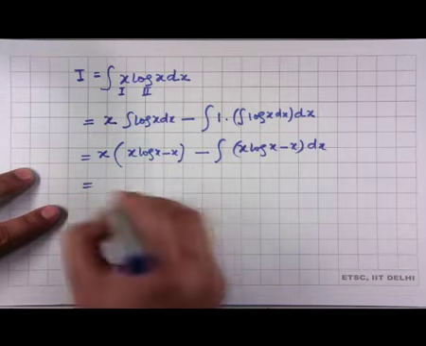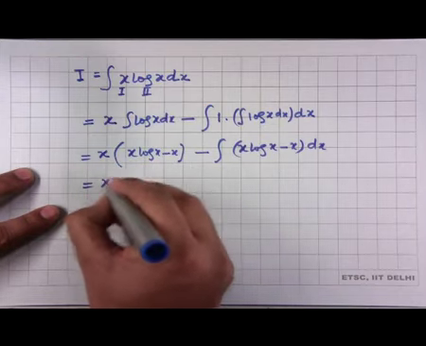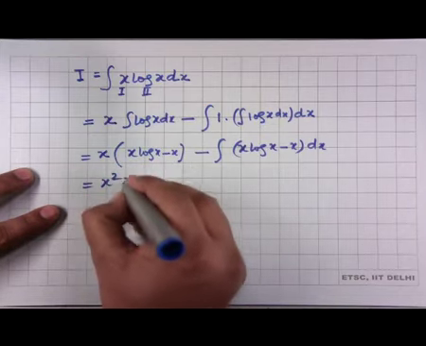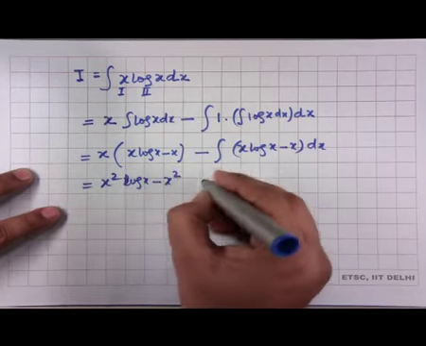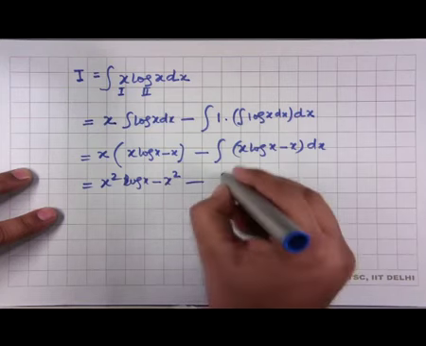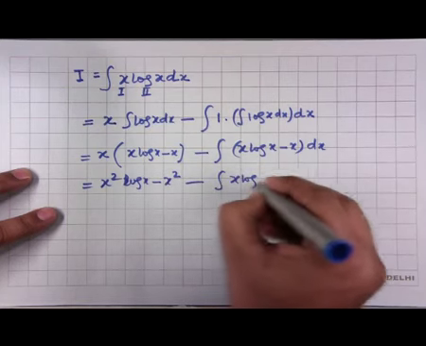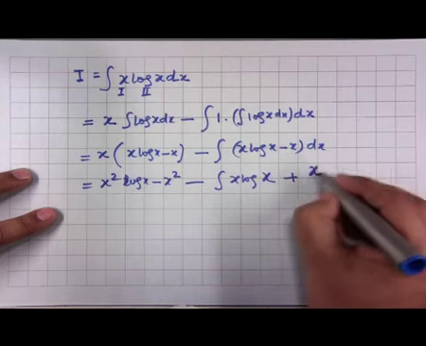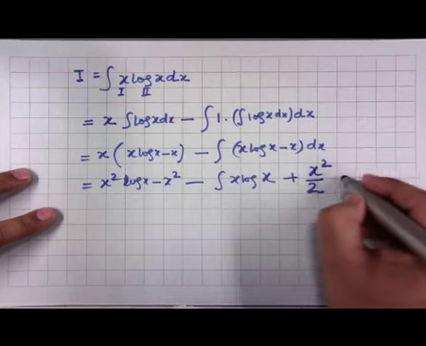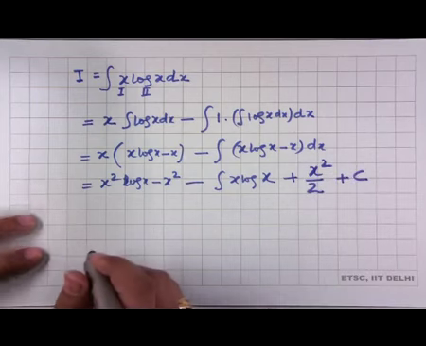So, this further goes to x square log x minus x square, minus the integration of x log x, and then plus x square by 2, and then finally a constant of integration.